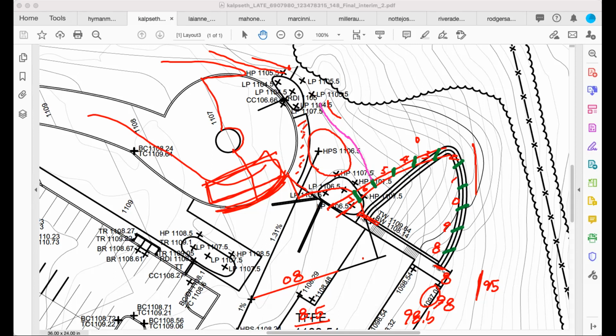6, 5, 4, 3, 2, 1, 0. Yeah, this is hard.